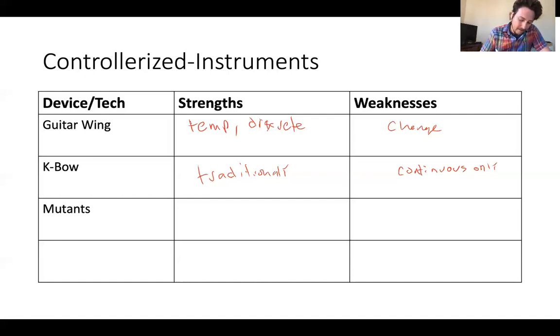Mutants, the strengths, I would say you get the best of both. In this sense, you get the traditional instrument, modified musically or acoustically, and you get potentially really custom placements of buttons and these sorts of things.